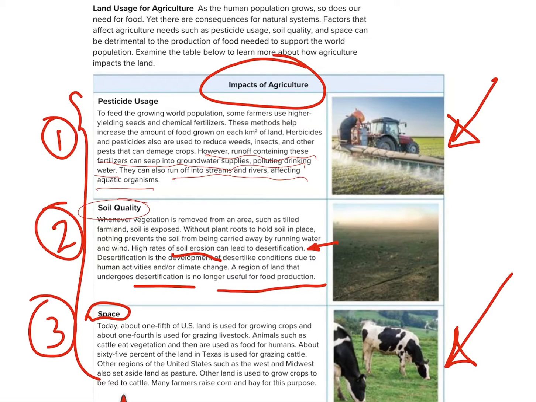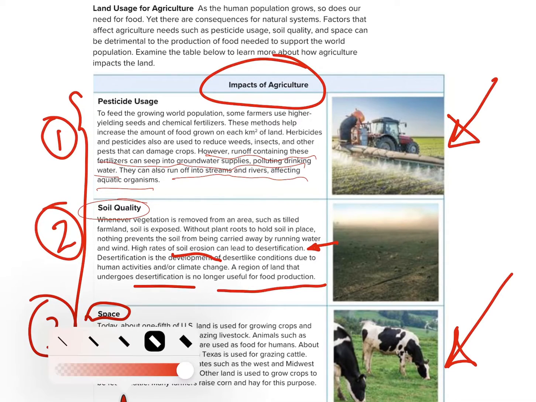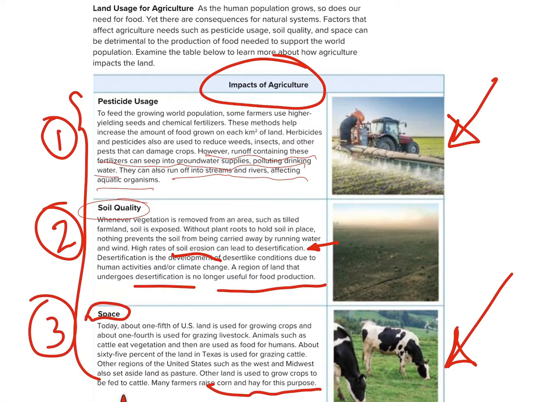About 65% of land in Texas is used for grazing cattle. Other regions of the United States, such as the West and Midwest, also set aside land as pasture. Other land is used to grow crops to feed cattle. Many farmers raise corn or hay for this purpose.